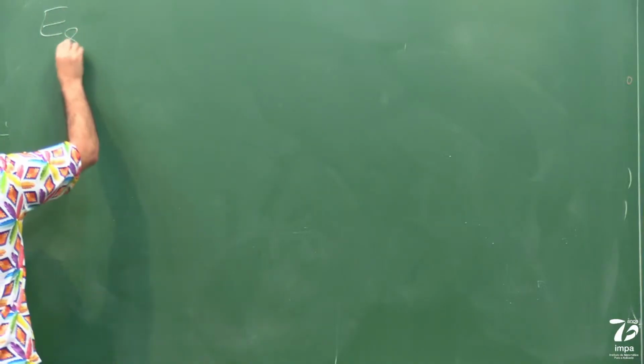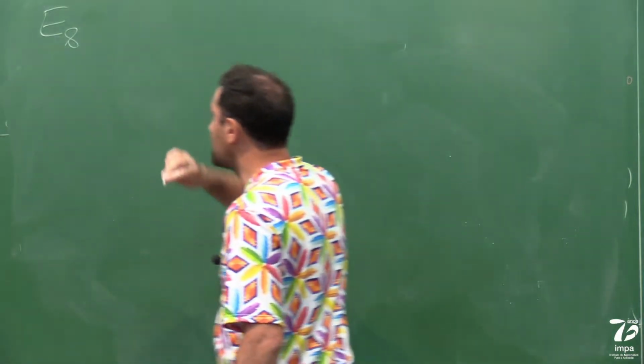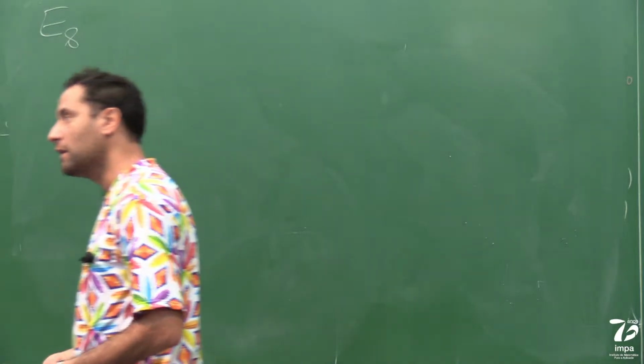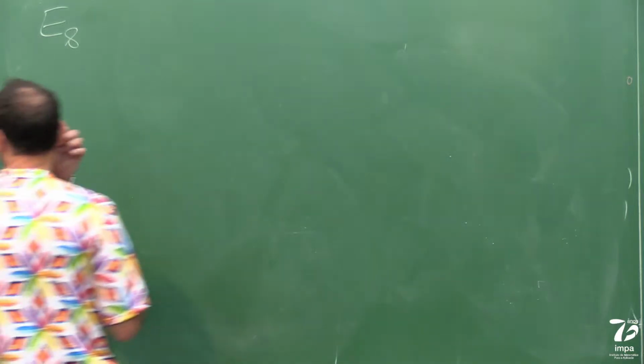The E8 system is the basis for all of them, because this comes from an even lattice, and it is a general theorem that if you have an even lattice, you look at the roots inside of that lattice that have square length 2, and that's a root system. So that's how you construct E8.